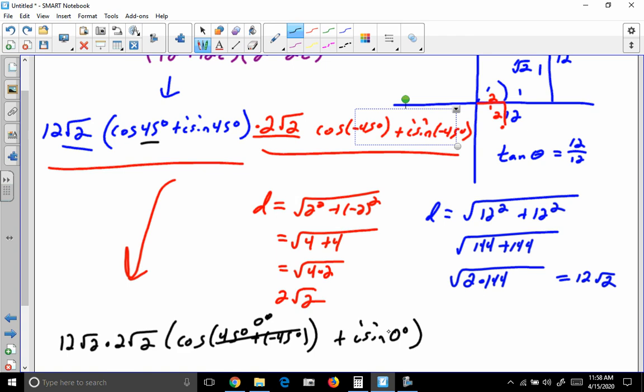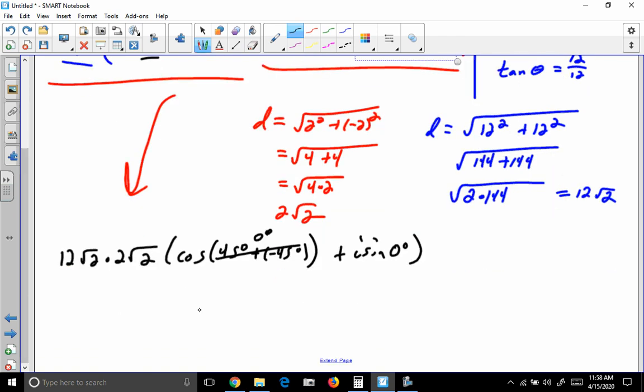So remember, these angles are the same. So when we combine them, if we're at 45 degrees and then we rotate a negative 45, we get to 0. So we're just adding our angles together. Now we need to multiply these together. So 12 times 2 is 24.